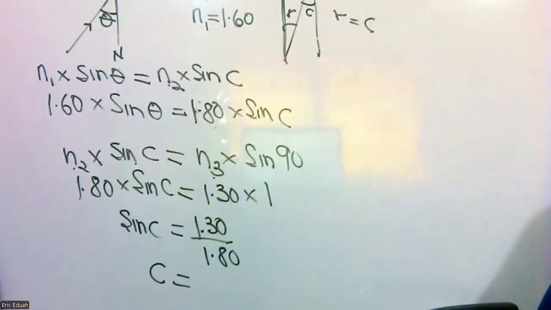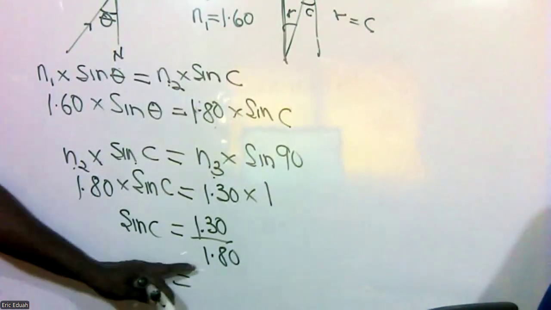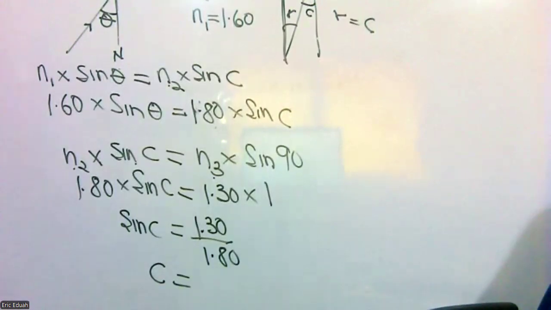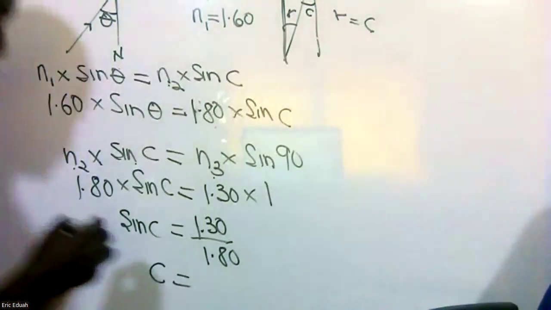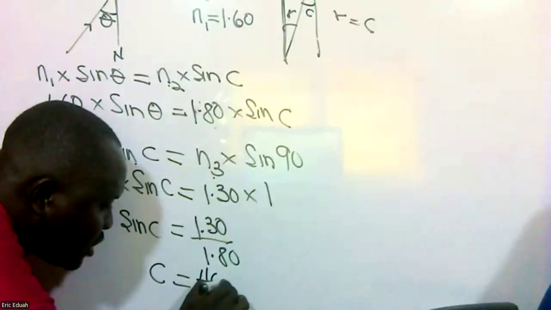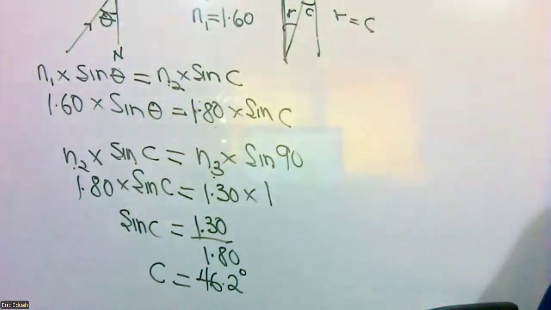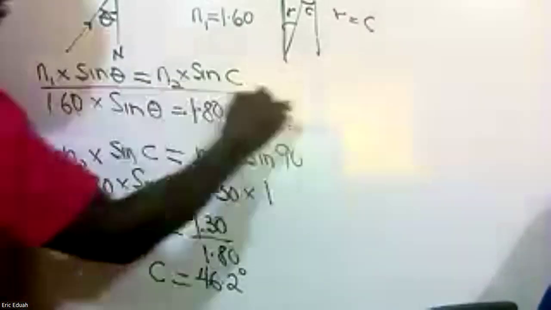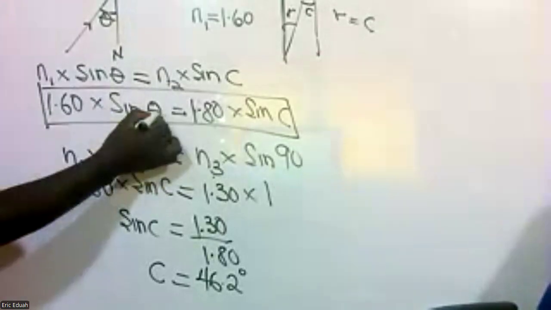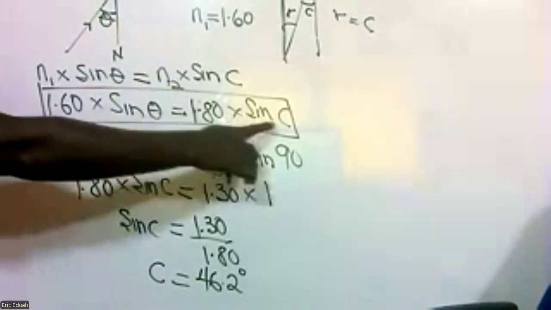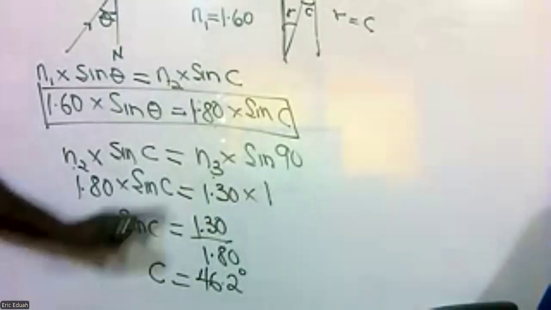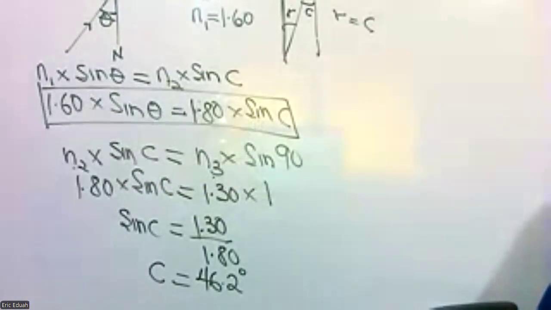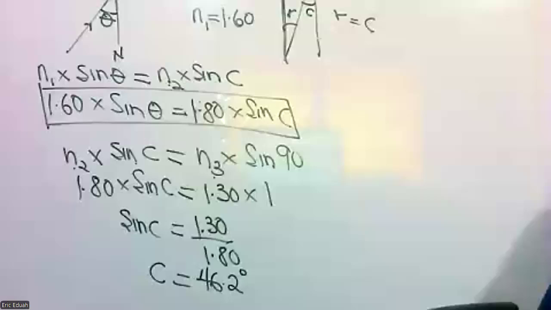Kelvin, Mamiya, Erefua, Rida, Kezia, what will be the value of C? 46.2 degrees. Okay. Now, use this equation to find theta for me. We have C now, so substitute it and help me determine the value of theta.